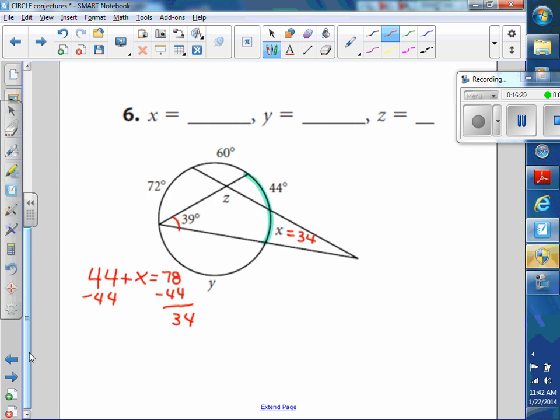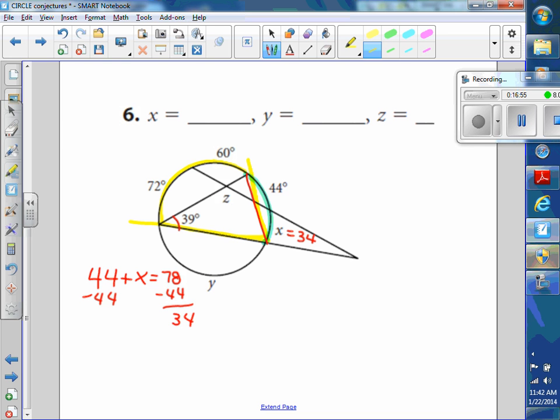Oh, I don't know why I didn't think about this. Wait a minute. Yeah, that angle there intercepts this arc here. Oh, see it? I was looking at the other. Yeah.